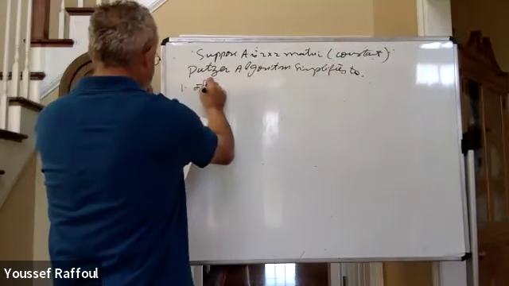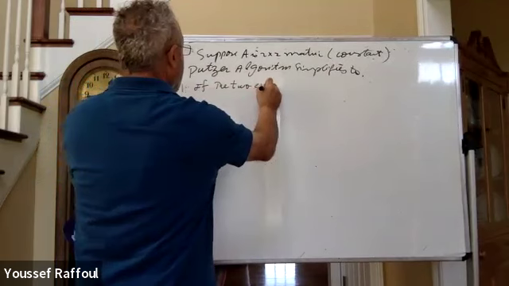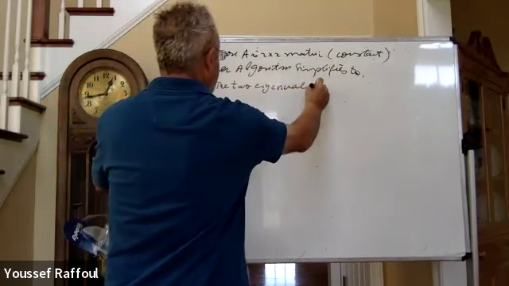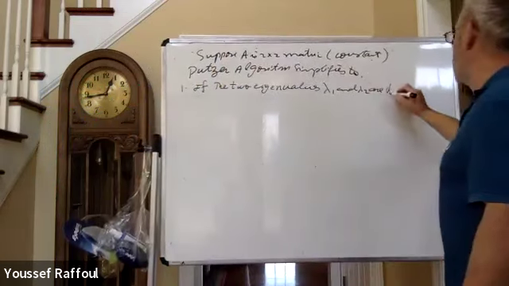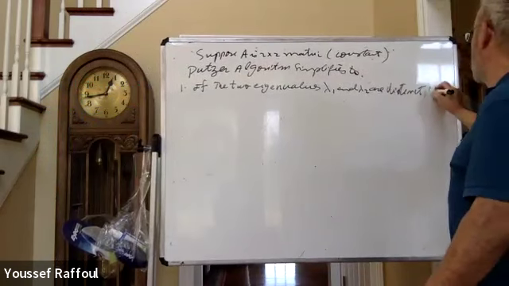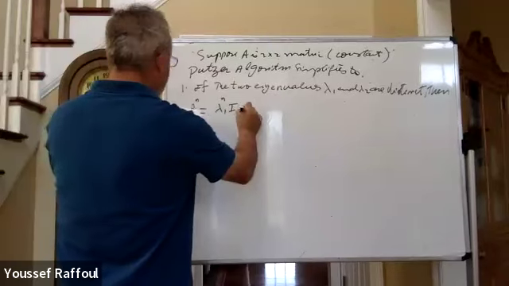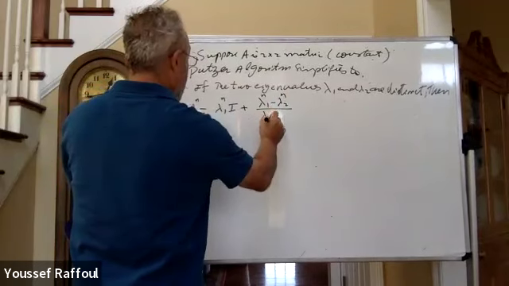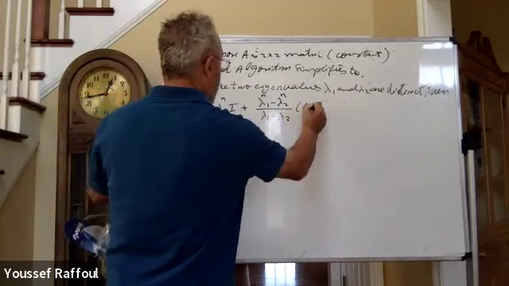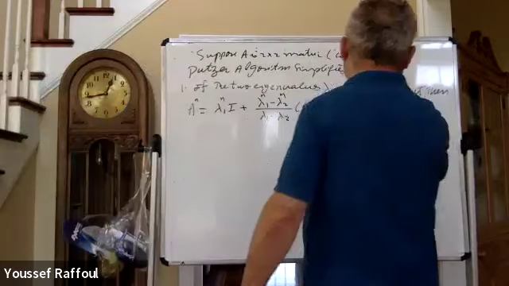One, if the two eigenvalues λ1 and λ2 are distinct, then A^n is λ1 to the n times I plus (λ1 to the n minus λ2 to the n) over (λ1 minus λ2) times (A minus λ1 I), for n bigger or equal to 1.